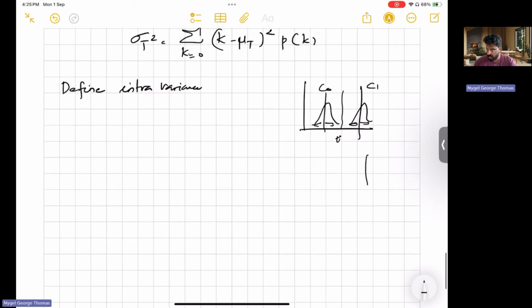One of these has a small intra-class variance, while this has a large intra-class variance. Within a particular class, there is a lot of variance.